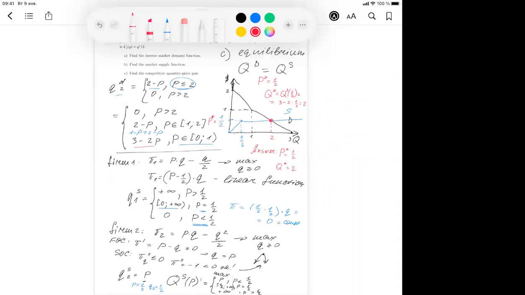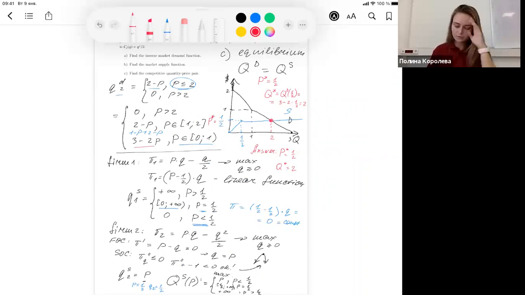How did we understand that Q is equal to P from our first order condition? From the first order condition, we take the first derivative by Q, because we maximize by quantity.